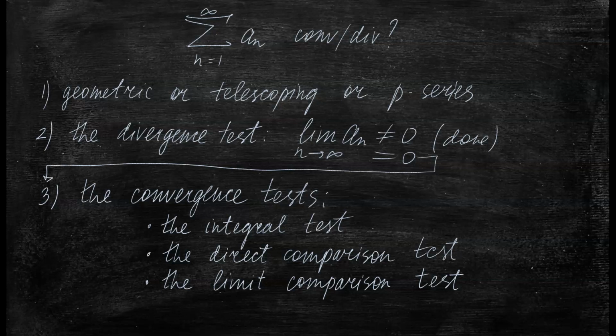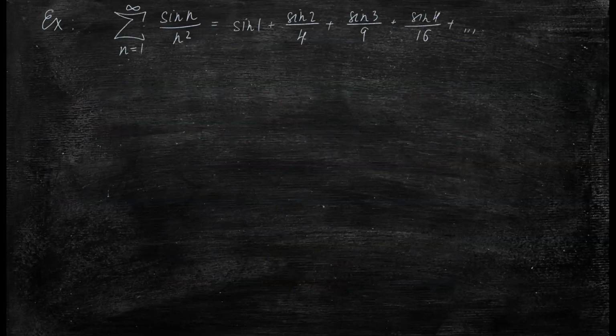So this is our game plan for every series. Each of these tests has its own conditions that have to be satisfied before you apply the test, and let's try to apply this strategy to answer whether this particular series converges or diverges.